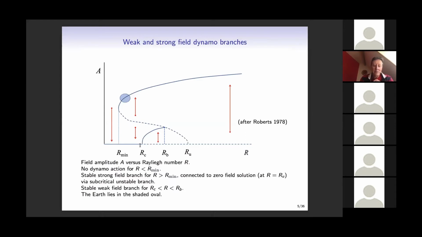From that scaling argument, we decided this can't be where the Earth is, right? Because the Earth can't support this weak field branch, but it could support this strong field branch. So if it's anywhere, it's down here.